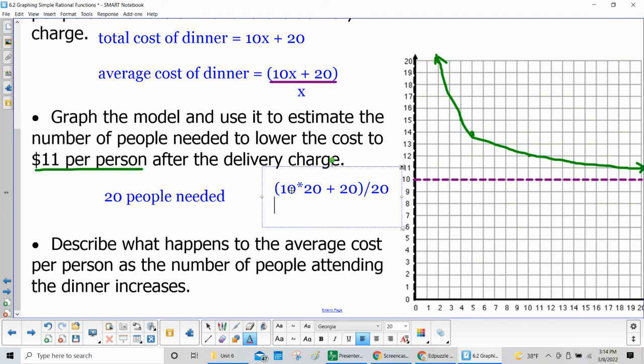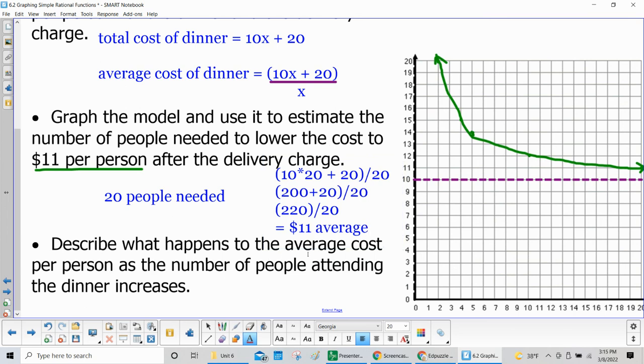So 10 times 20, that'd be 200. Let me put this in parentheses. So that's 200 plus 20, which really is saying it's 220 divided by 20. And that's what gives us that $11 average. Move this up so you guys can actually read that.